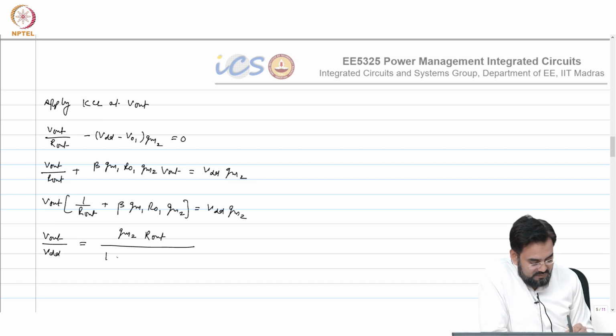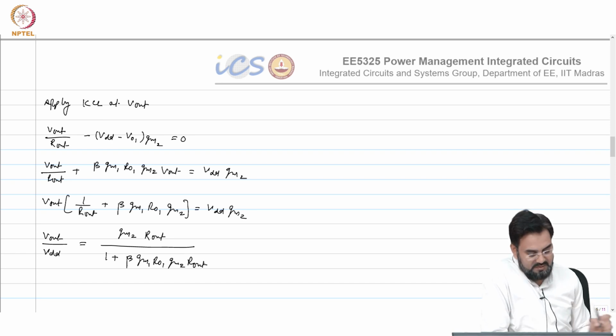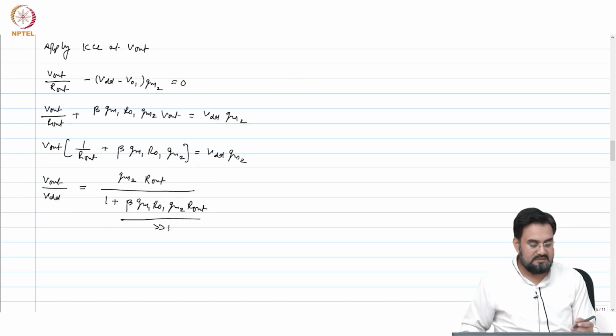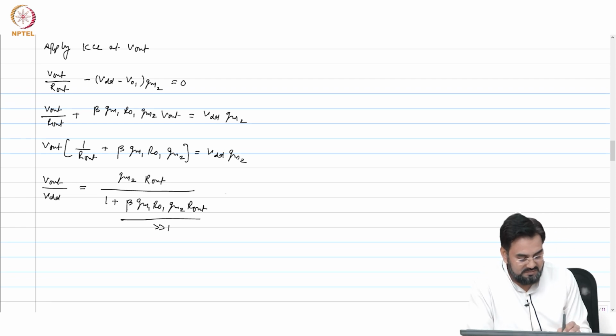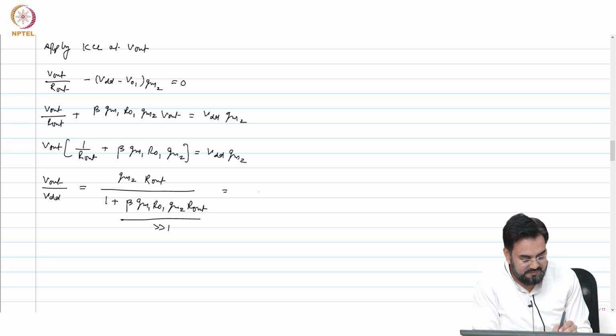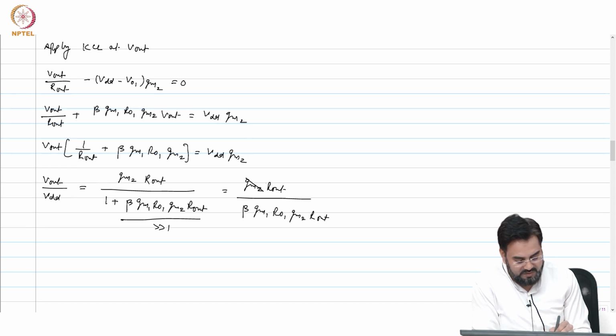R out over 1 plus beta GM1 GM2 R out. Correct. This term is much larger than 1. There are two gains there, so it's basically a loop gain, the loop gain, nothing else. So I can write this over, so this cancels out.